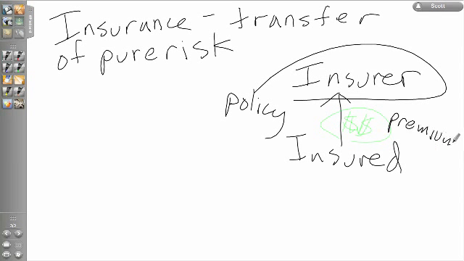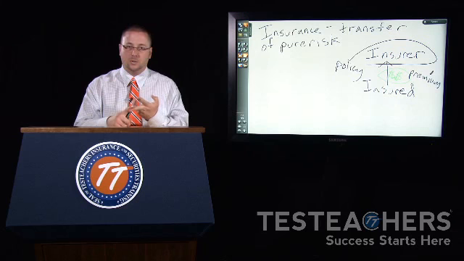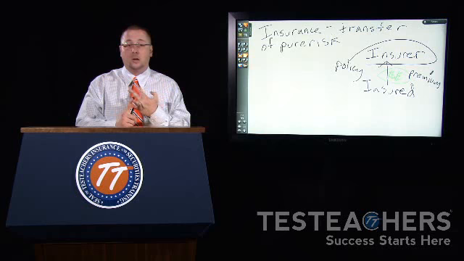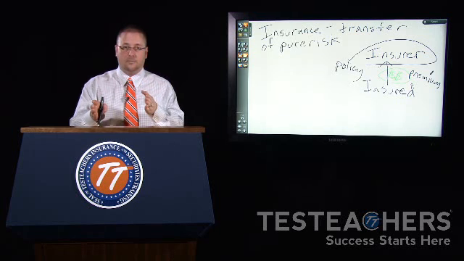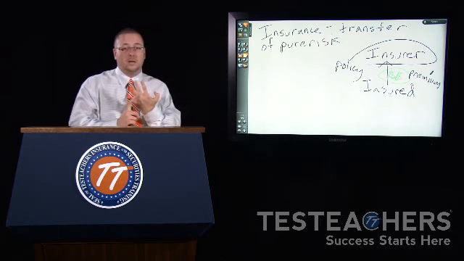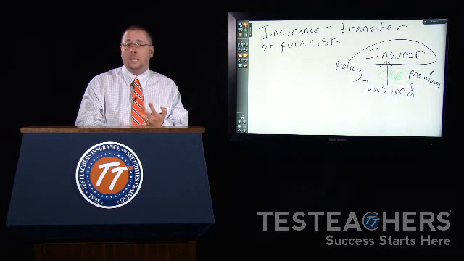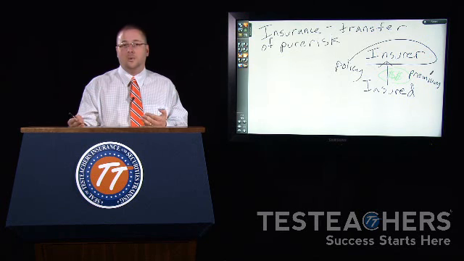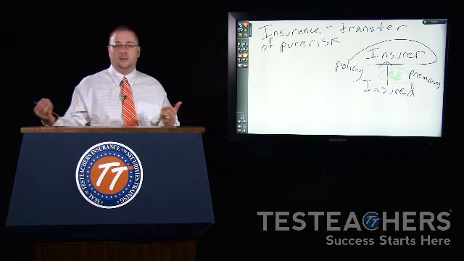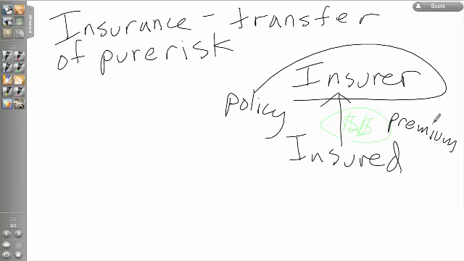It's a premium. Okay, so the policy is the legal contract. It states what type of coverage it is, who the insurance company is, how much the coverage amount is, all that good stuff. So sometimes people say it's defined as something that the insured never reads. I mean, even if you did read it, you're probably not going to understand anything that it said. But this is how it works.